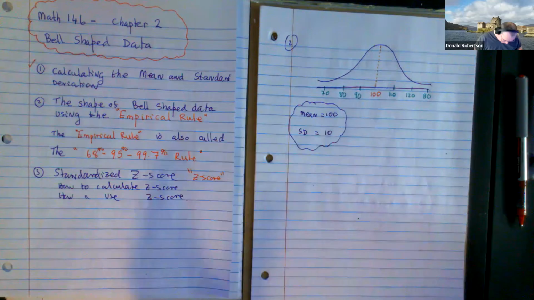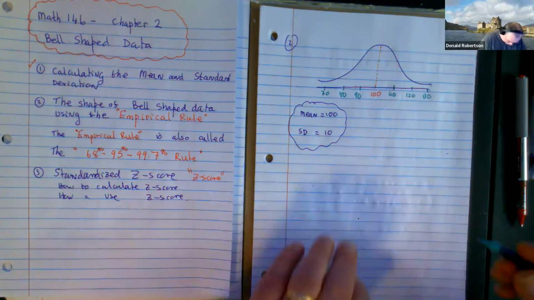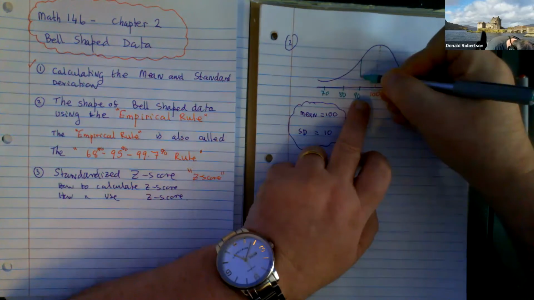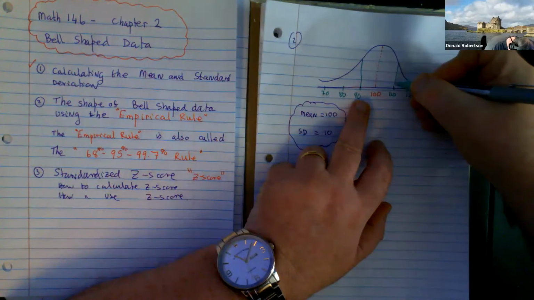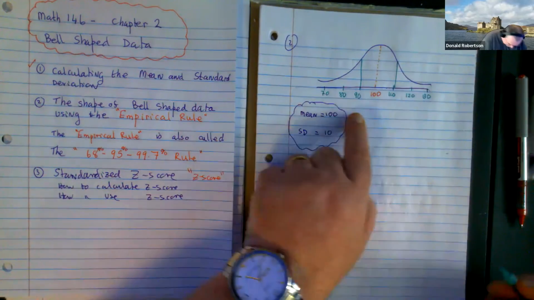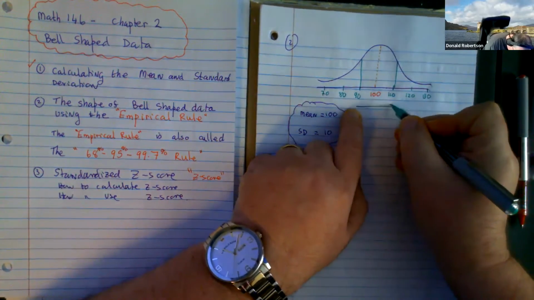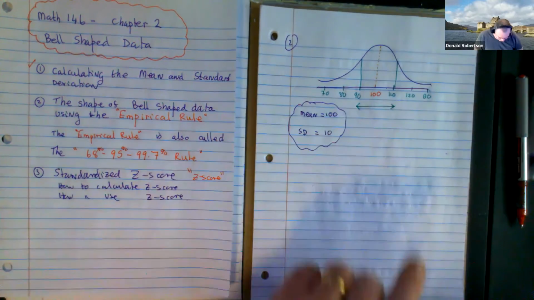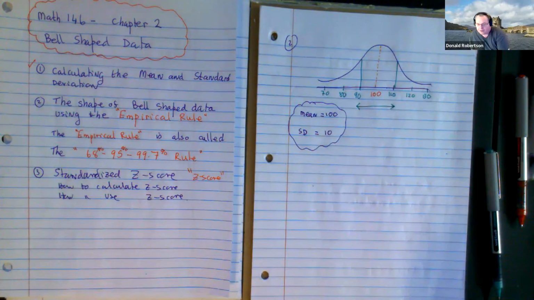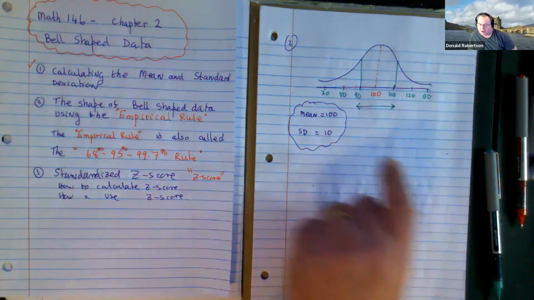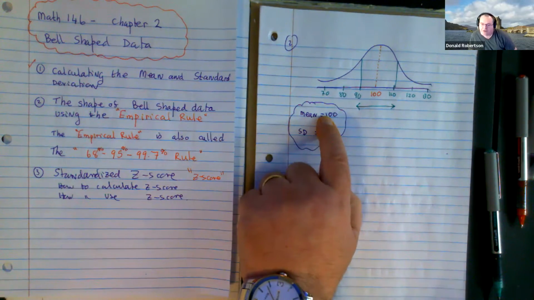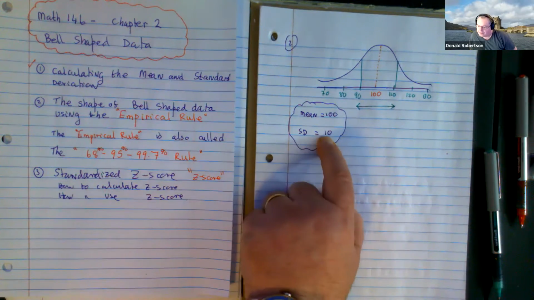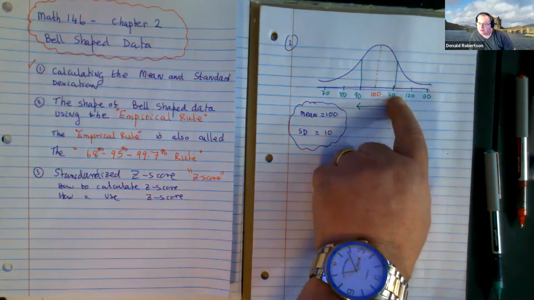Well, that's kind of cool, but that's only the beginning of cool. If you take one standard deviation either side of the mean, in this question here, it happens to be between 90 and 110. Oh, by the way, let me tell you the story. This is actually IQs. Do you know if you take an IQ test and the average Americans get is about 100 and that the standard deviation is about 10? Right?